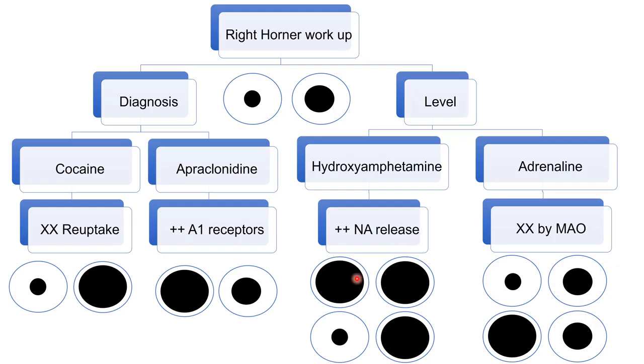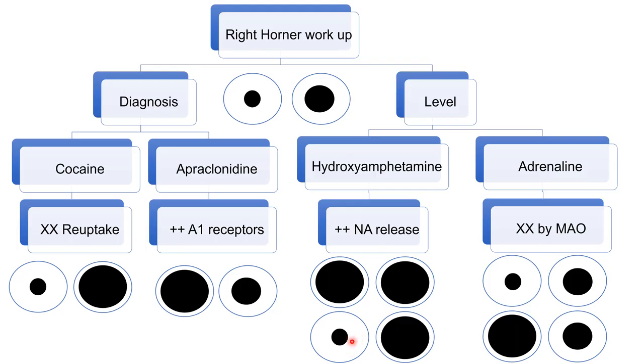If the patient has preganglionic, it will dilate the pupil because the postganglionic nerve is intact, so this postganglionic nerve will secrete norepinephrine. So the preganglionic will dilate by the hydroxyamphetamine, and also the normal pupil will dilate.